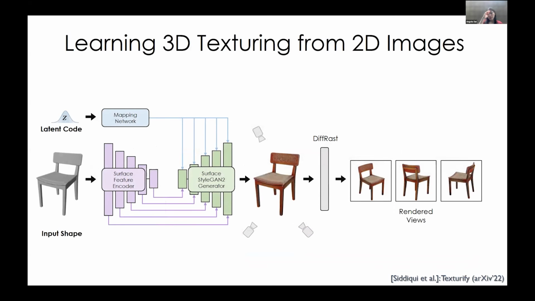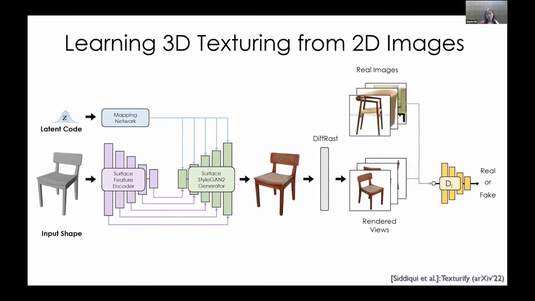So here we have a bunch of the views being rendered now from the mesh faces, and we compare them with the real images. In particular, with the data that we have from real images, we can't assume that we have multiple observations per object instance. And so we want to make sure that we also get this notion of global consistency from different views in our generated shapes.